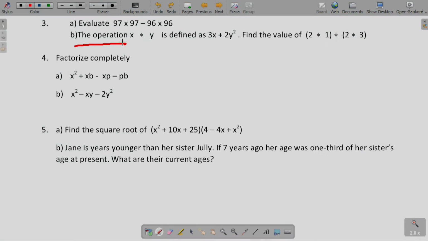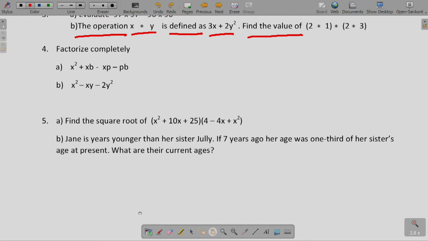The operation x star y is defined as 3x plus 2y squared. Find the value of 2 star 1 times 2 star 3. So let's find the value of 2 star 1.